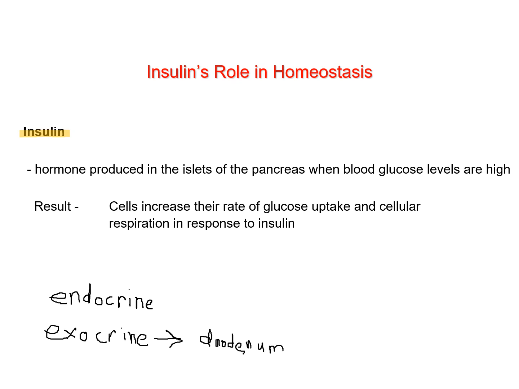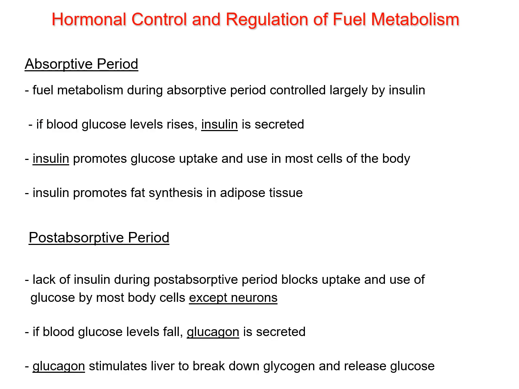Once that glucose is taken up into the cells, the blood plasma glucose levels drop and insulin secretion slows down and stops.